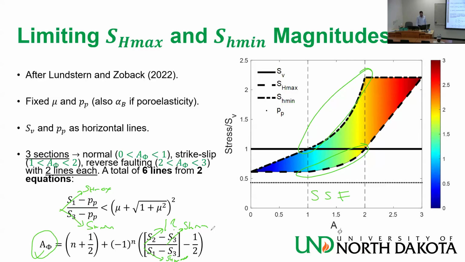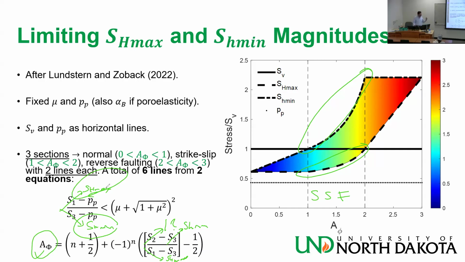And the best way to do it, and this is how I do it, I use this equation to get me the expression for SH mean or SH max, and I plug it on the second equation, and then I ask it, okay, vary alpha phi from 1 to 2. No, when I was saying vary alpha phi from 0 to 3, that was wrong.